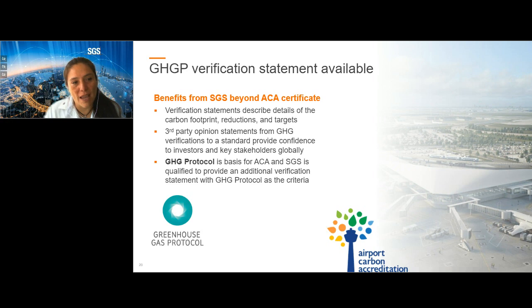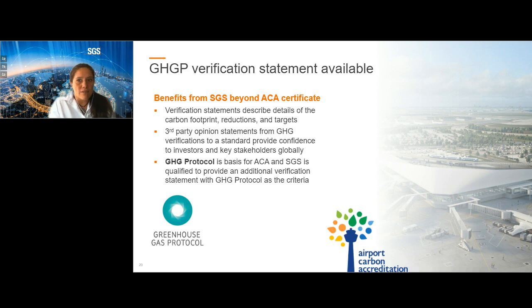So what we do is, when the airport prepares a carbon footprint, let's say the total is 2,000, the footprint is input into the database of Airport Carbon Accreditation, and then if we verify, the Airport Carbon Accreditation approves and gives a certificate that says you are level 1. But nothing else.